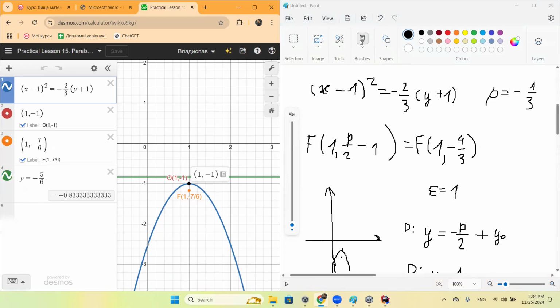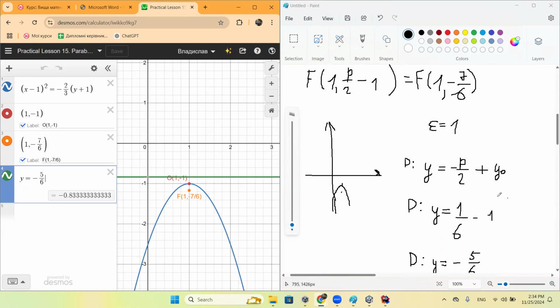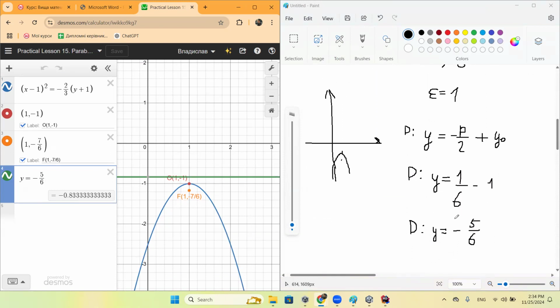Yeah, forgot to divide p by 2, so yeah, minus 7 by 6. My bad. And here is the directrix. Yeah, minus 5 by 6.